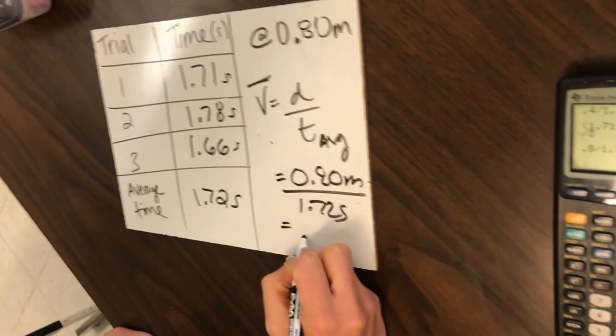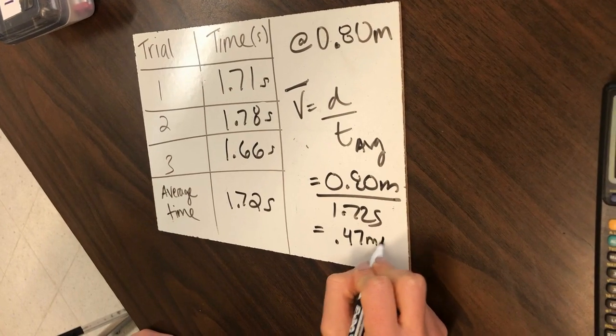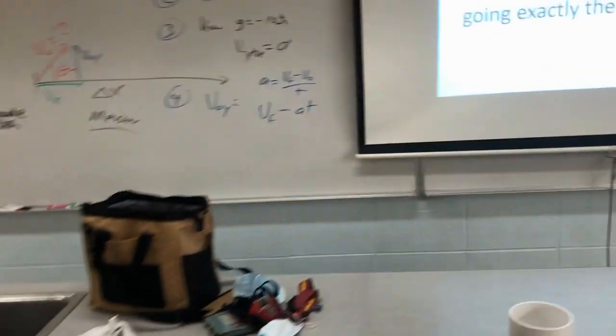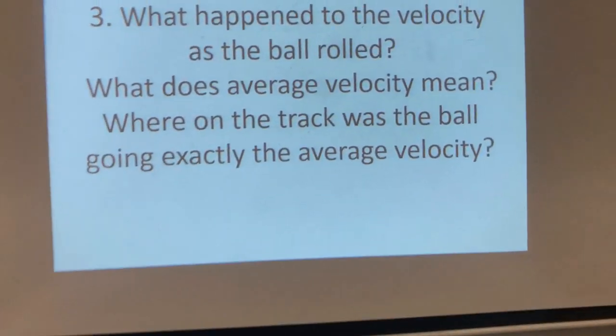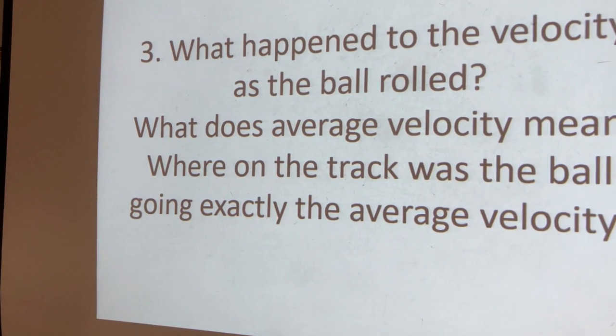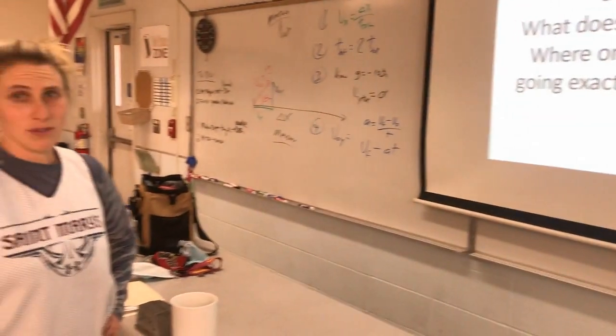And I get my average velocity of 0.47 meters per second, compared to last time it was 0.35 meters per second. Huh, okay. So starting from 2 times as high, my average velocity is 0.4 compared to 0.3. So I thought it was going to be double.